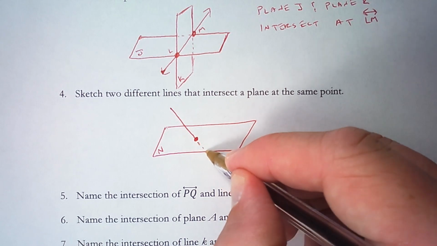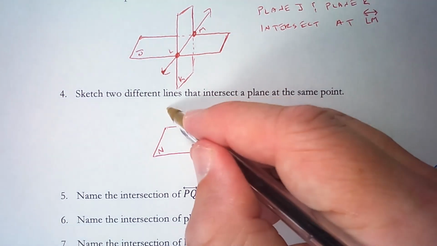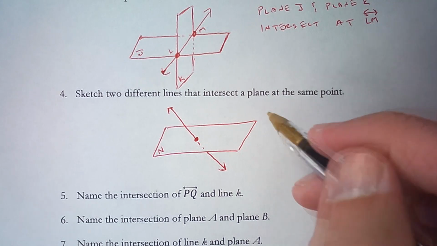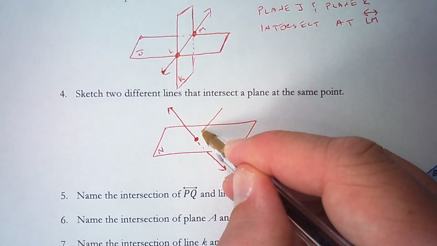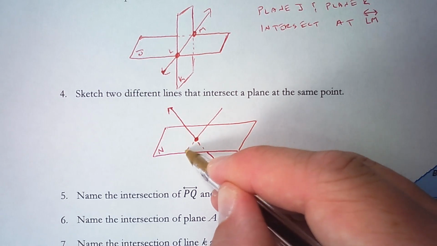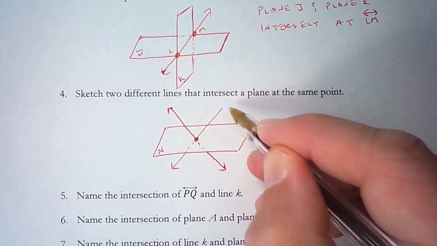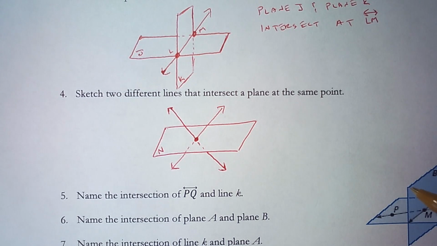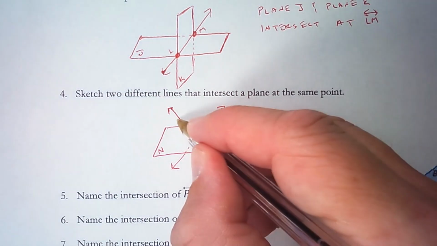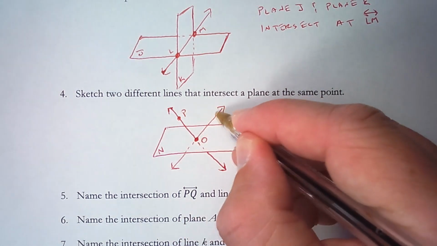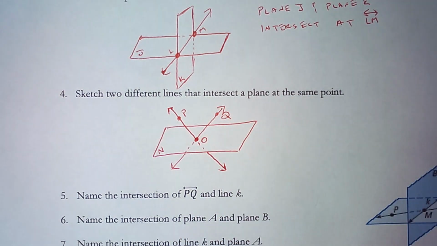It's hidden for a little while and then comes back out. Okay, and then let's draw another line from above to that same point, hidden for a little while, and then it comes back out.